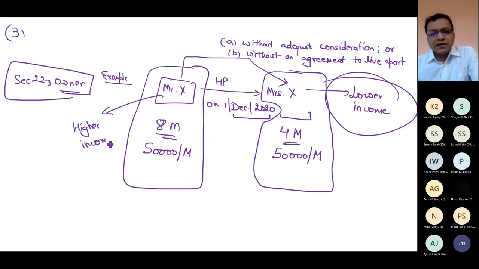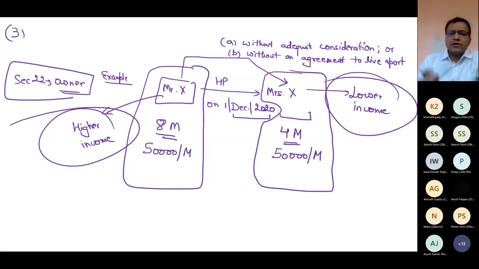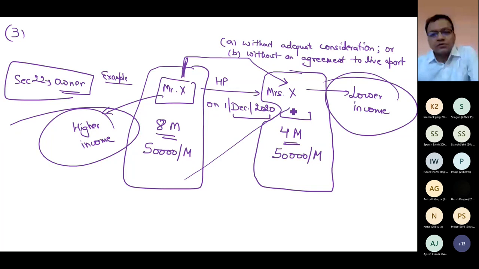So if it is without adequate consideration and without an agreement to live apart, then the Act thinks that the purpose of Mr. X is to transfer the income to his spouse. The real intention is not to transfer the house, but unless the house was transferred, income could not be transferred. So the Act thinks that X simply wanted to take the benefit of loopholes in the law.